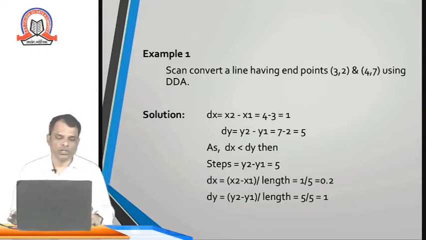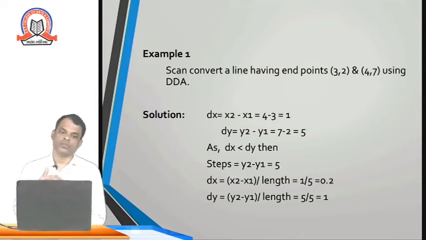We find the differences called dx and dy, so dy is y2 minus y1 and dx is x2 minus x1. Now under the DDA algorithm we first check which value is bigger, dx or dy, and that bigger value we consider as steps. Here dy is bigger, so steps will be 5.